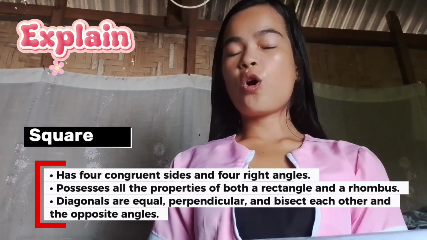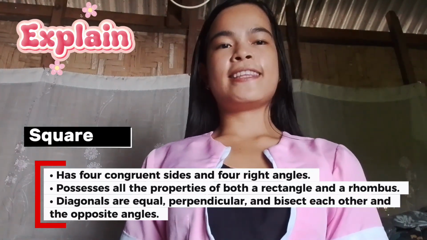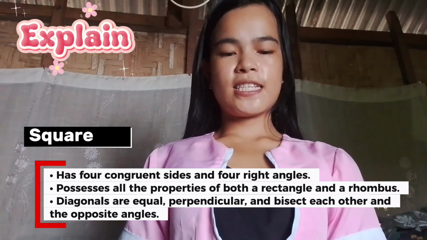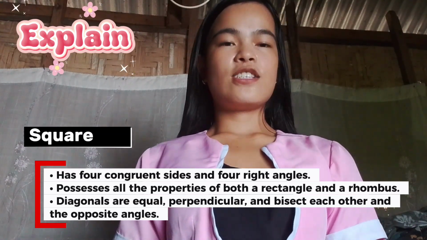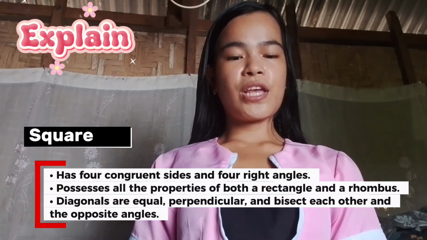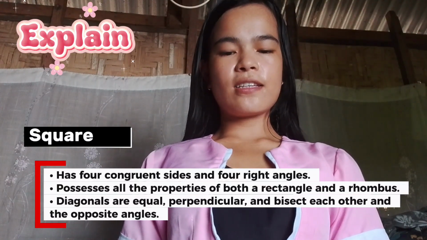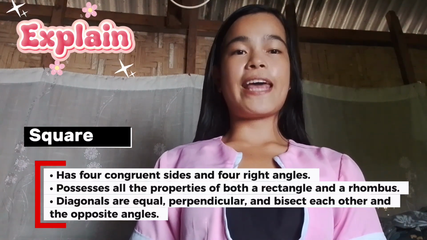Lastly, the square: it has four congruent sides and four right angles. So it possesses all the properties of both a rectangle and a rhombus. The diagonals are equal, perpendicular, and bisect each other and the opposite angles.